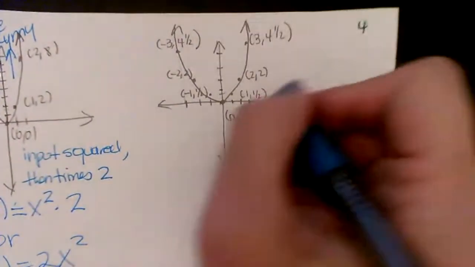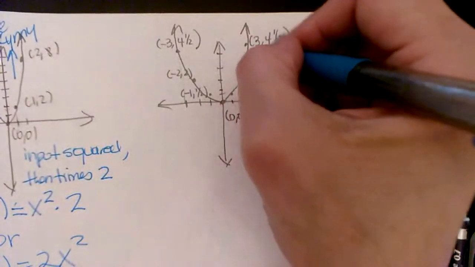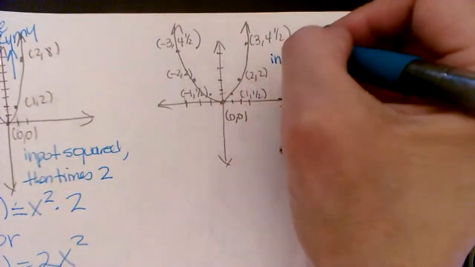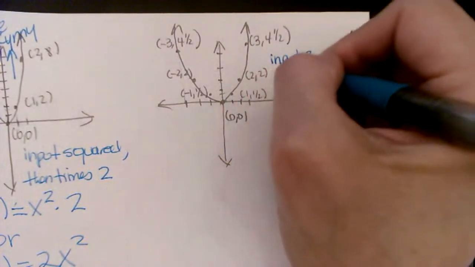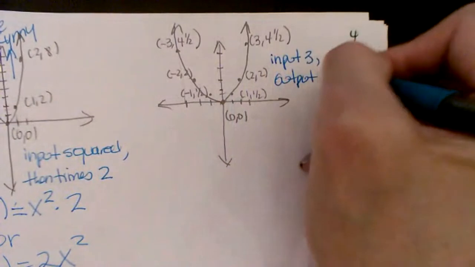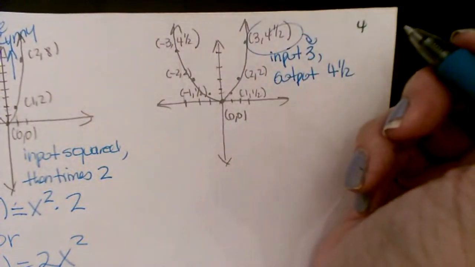So first, the input 3 and output 4.5, right? That's what we have here for this one. So what are we doing?